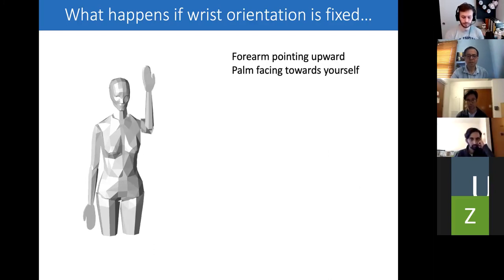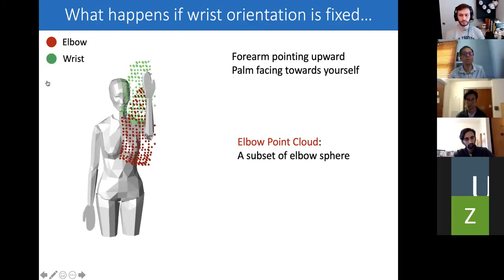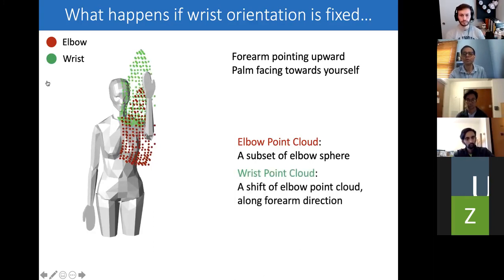That's the motion. So these are all the locations that the elbow can go to. This is what your skeleton prescribes or dictates. And the wrist location is also another point cloud where the wrist can go to.